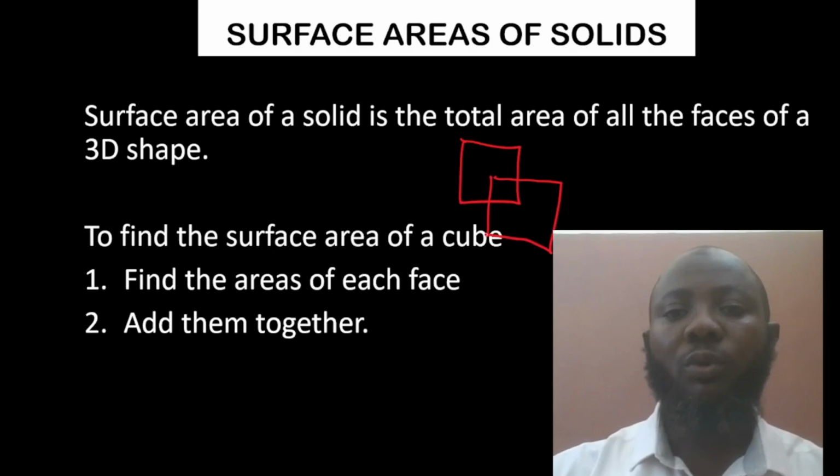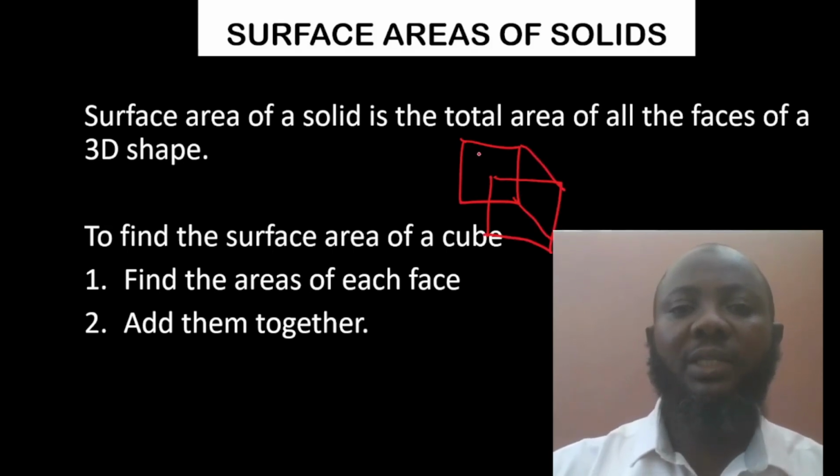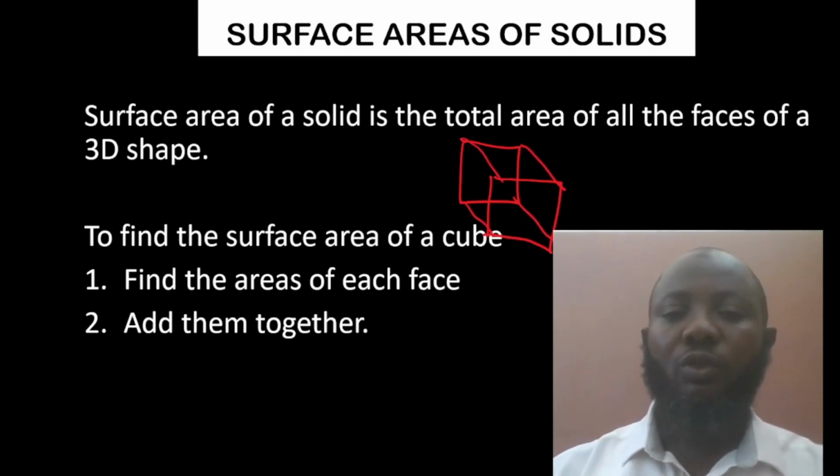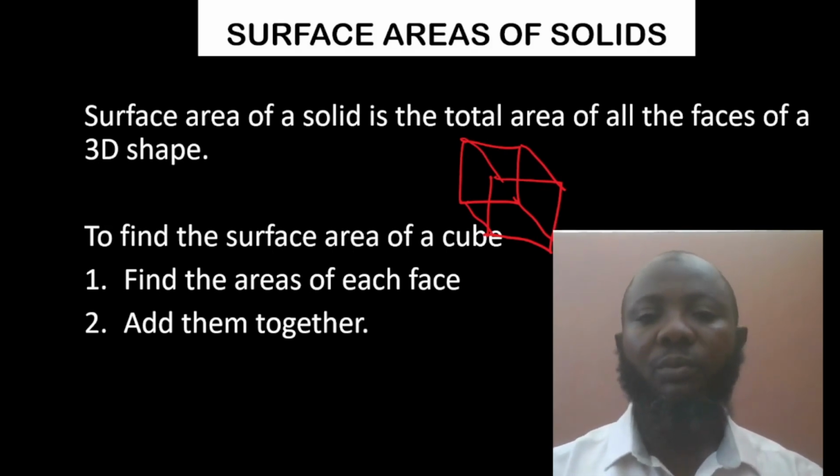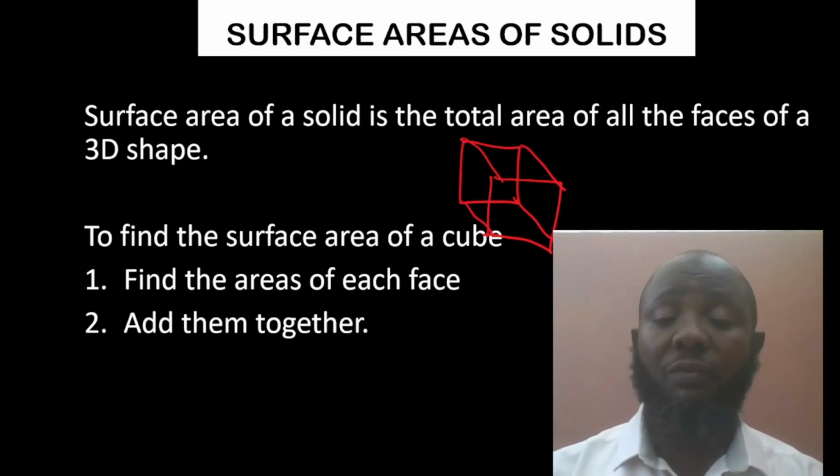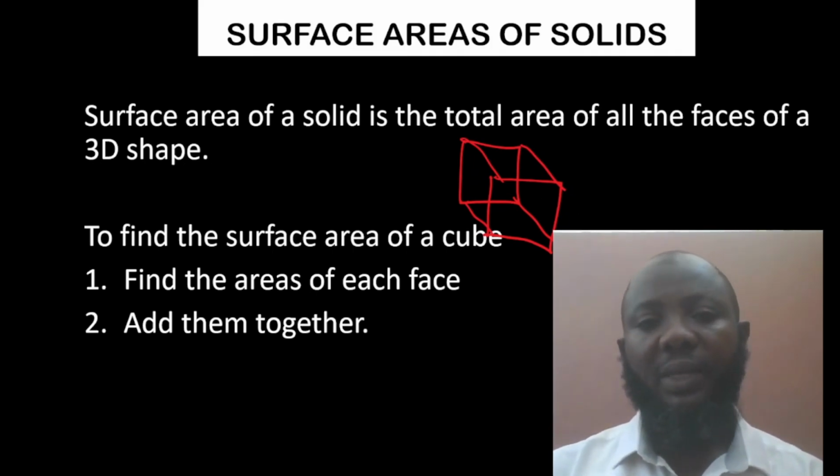A cube has 6 faces, which means we find the area of each face. Each face of a cube is a square, so we find the area of a square. Then we multiply everything by 6. That is what we refer to as the total surface area of a solid.